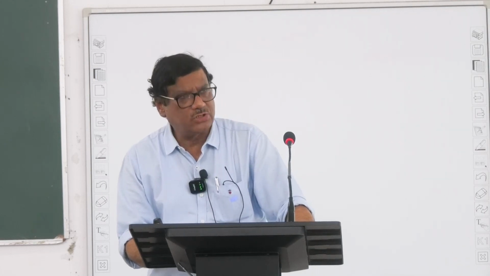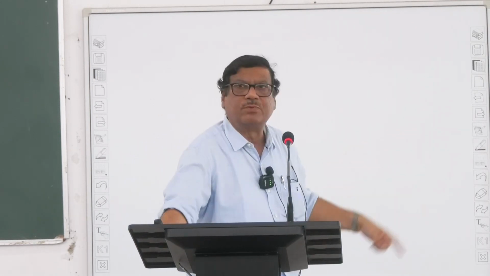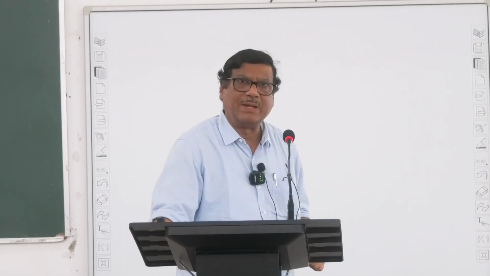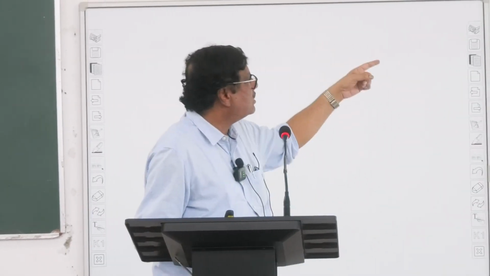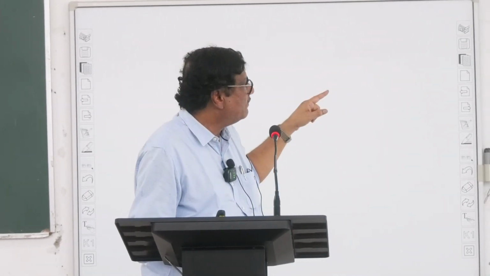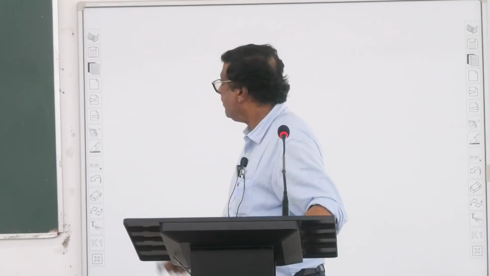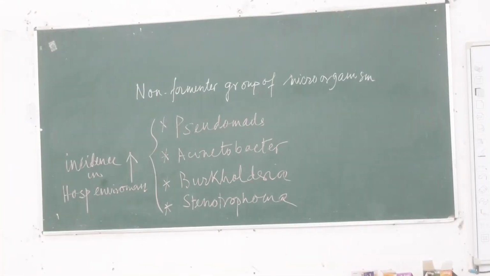The casualty of ventilator associated pneumonia is mostly due to Stenotrophomonas maltophilia and Acinetobacter baumannii. Although Acinetobacter is not within this group, this is the classification of Pseudomonas. So within that classification, we have Pseudomonas, Burkholderia and Stenotrophomonas.